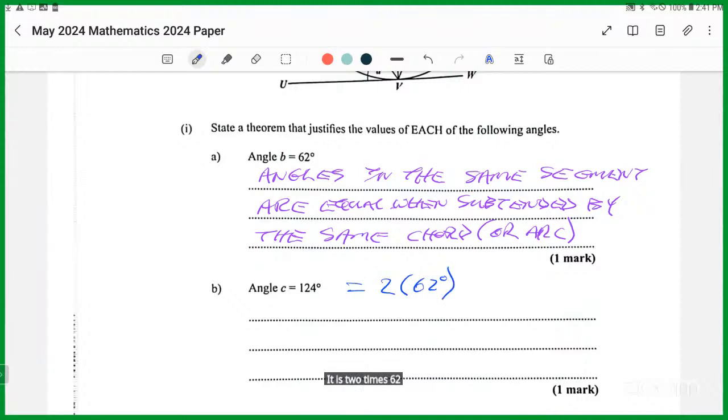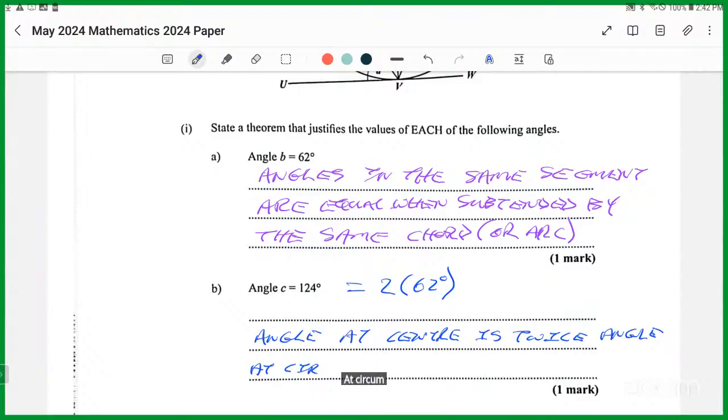I'm going to write out the rule now. Angle at center is always twice angle at circumference.